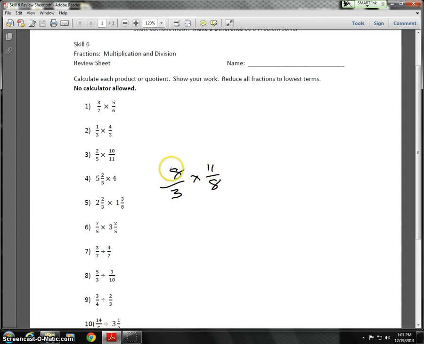We do have a common factor here. 8 and 8 cancels down to 1. So it's going to make a little easier problem. 1 times 11 is 11. 3 times 1 is 3. Now rewrite this in proper fraction form. 3 goes into 11 3 times with a remainder of 2. So we have 3 2/3 is our answer for number 5.